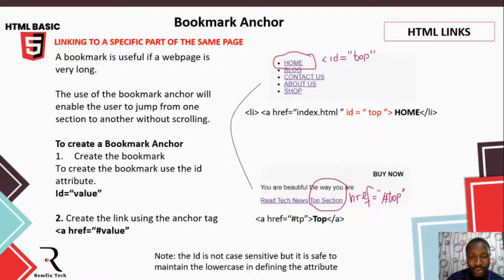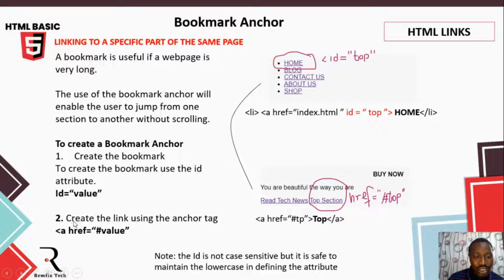Now this is the way to create a bookmark anchor. To create a bookmark anchor, use the ID attribute. There's a particular attribute that we add to our anchor tag, called ID, and it will have a value, and the value represents what you want to name that particular portion of the page, right?